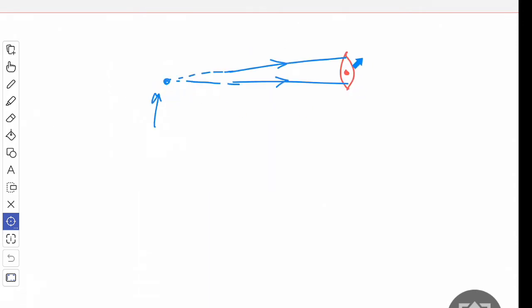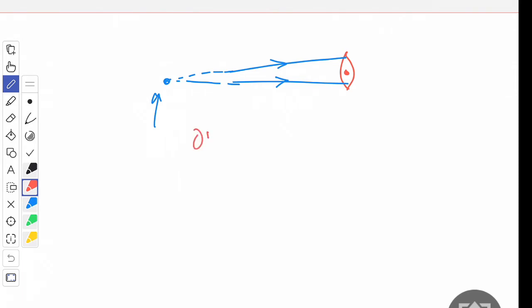This is the thing that I want you to draw in your book, which is that when an object is there, then the rays of light are going. Even if the object is not there, I will always say that the object is wherever the rays of light appear to be emerging from. Right?